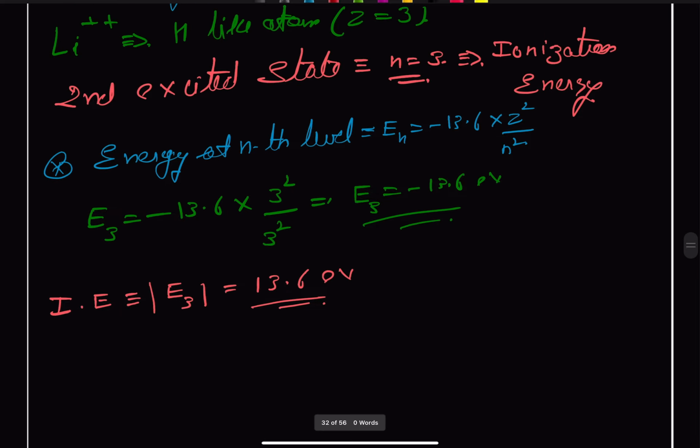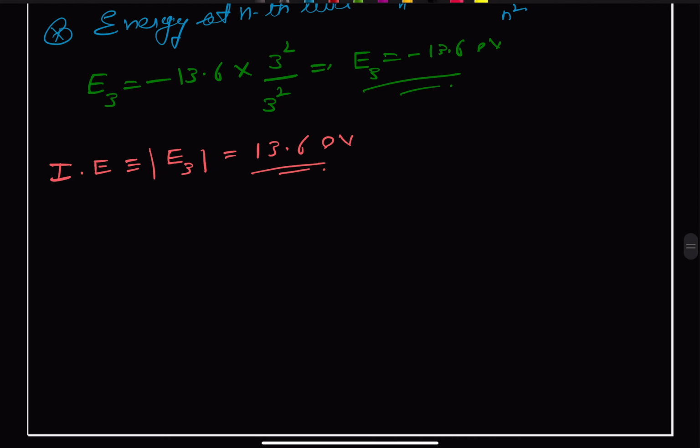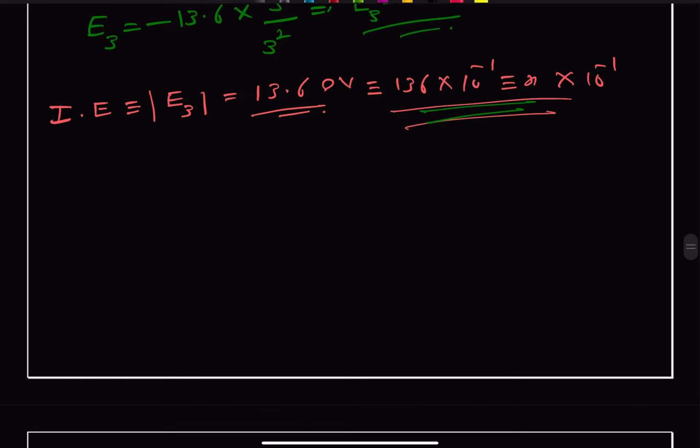In the question it is given as x into 10 to the power minus 1, so we can write it as 136 into 10 to the power minus 1, equal to x into 10 to the power minus 1. So one to one comparison gives us that the value of x is equal to 136.